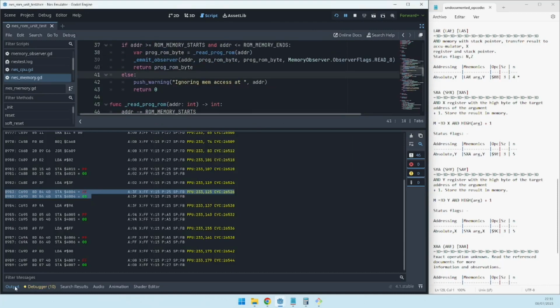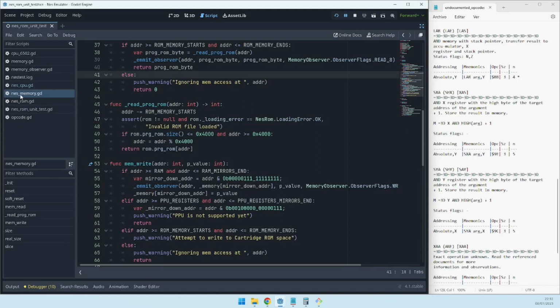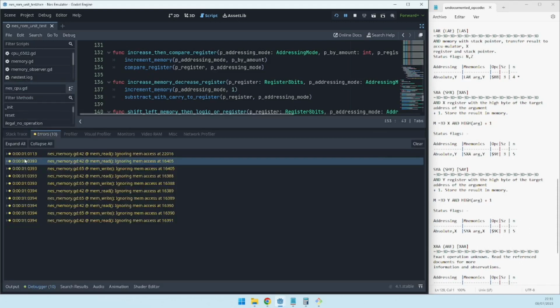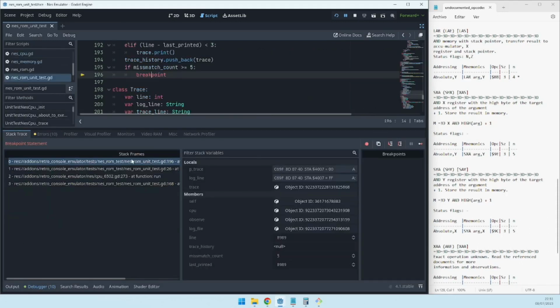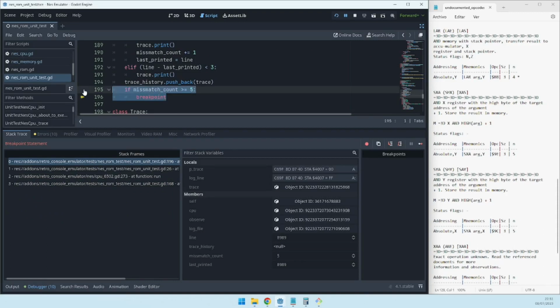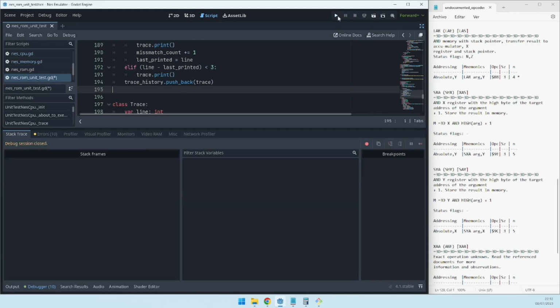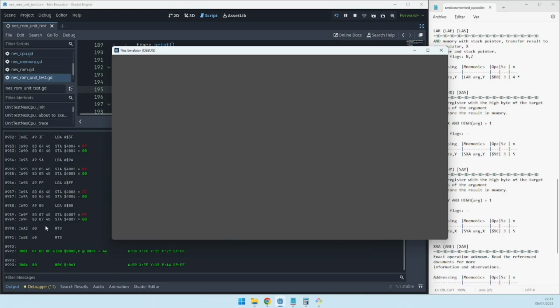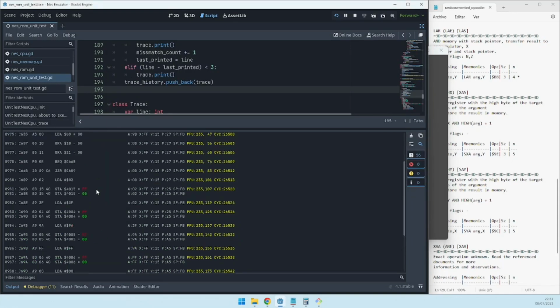We don't want to emit anything. And I want to go to the debugger and remove this breakpoint, because now it is causing trouble for us. Okay, awesome.